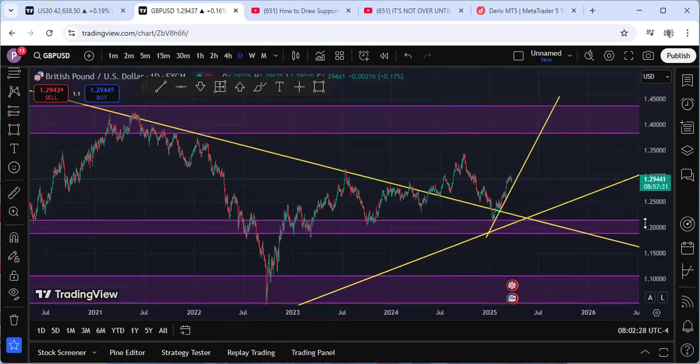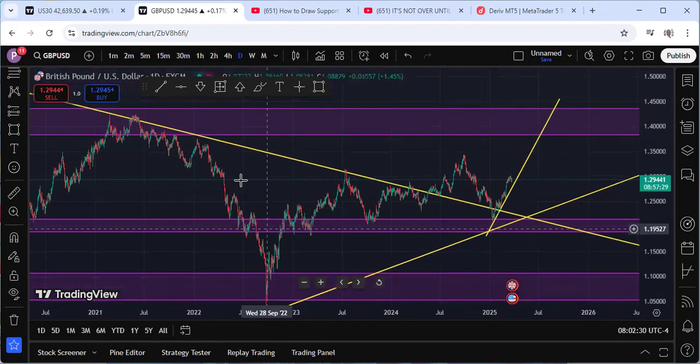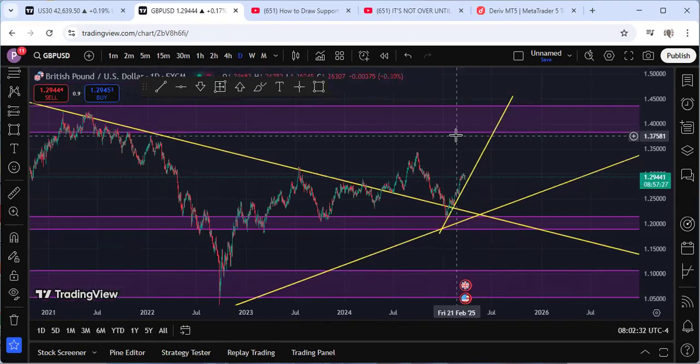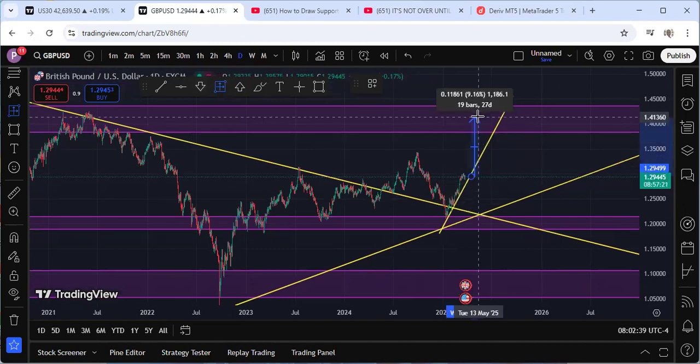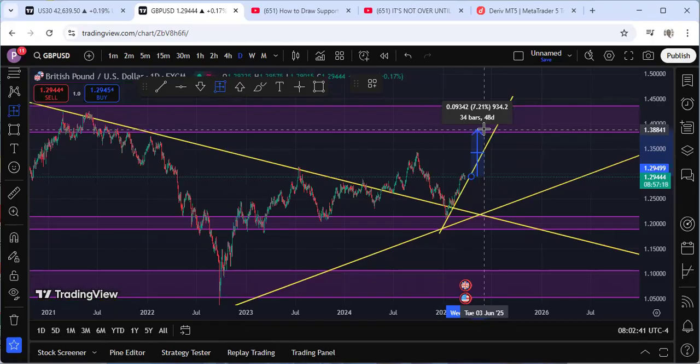So let's see how many pips it's going to be from here to here. From this place to that is almost 900 pips or so.